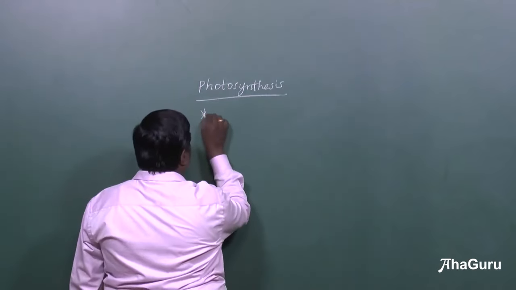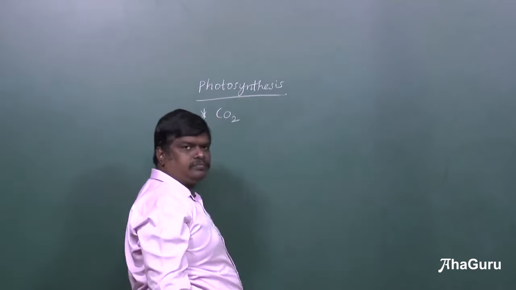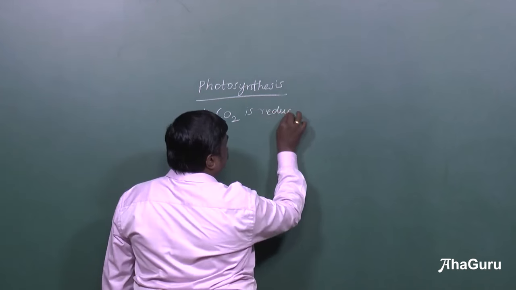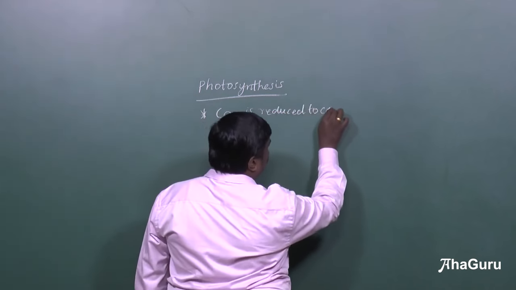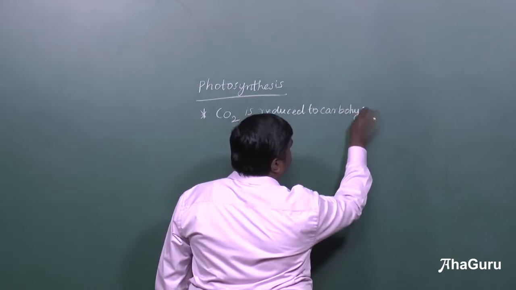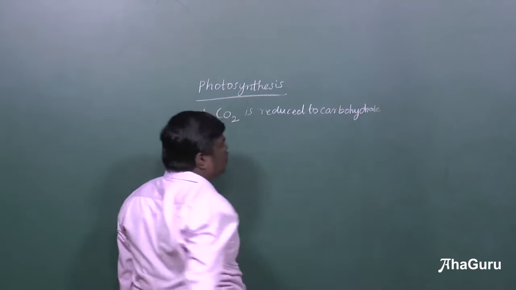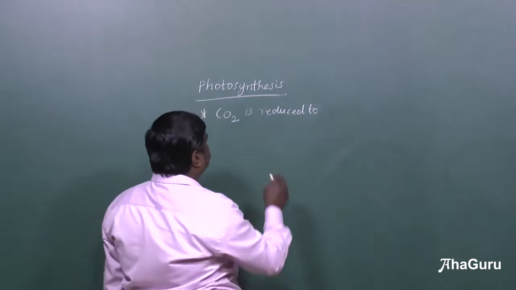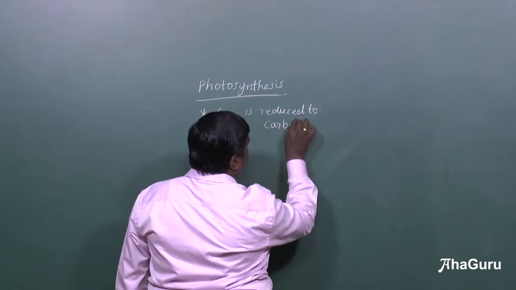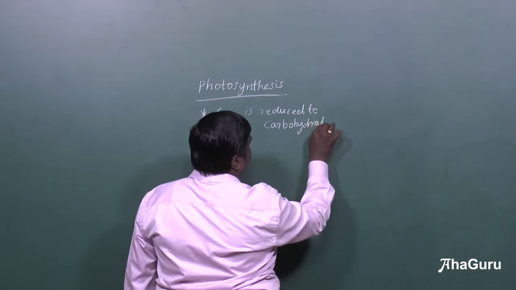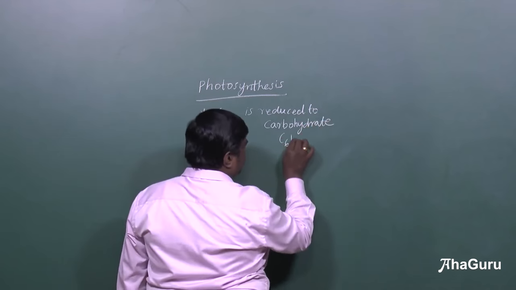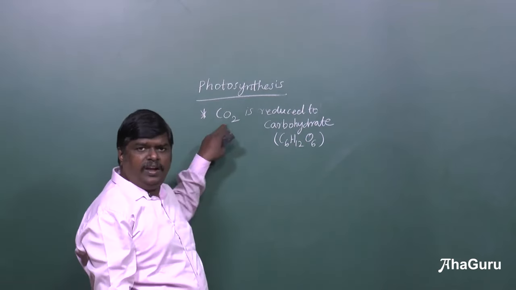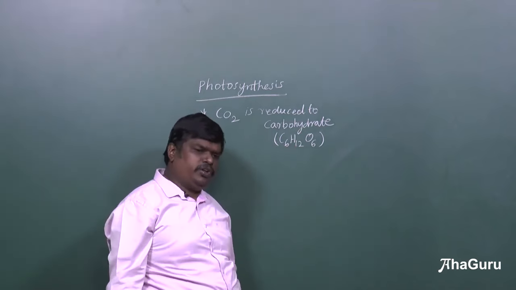One is that carbon dioxide is reduced to carbohydrate. What is carbohydrate here? C6H12O6. So the carbon dioxide is reduced to carbohydrate, the glucose molecule.